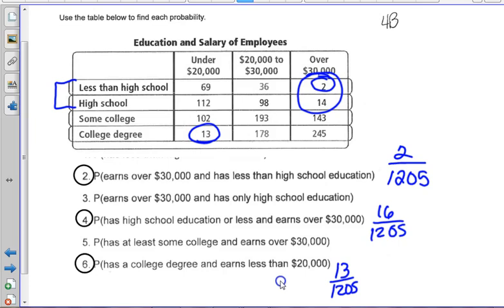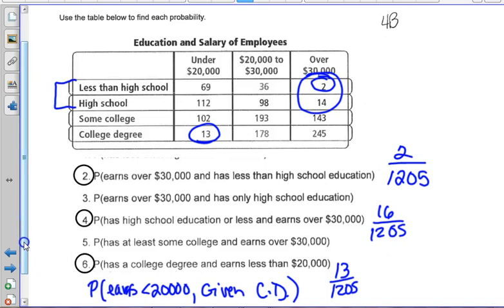On a quiz, this number 6 could be worded: probability that someone earns less than 20,000 given college degree. Okay, it could be worded like that. Does that make sense? Just kidding. That would change the denominator.